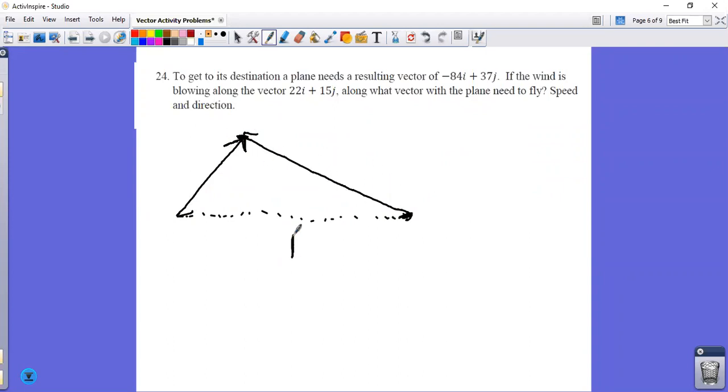Remember, the plane plus the wind will equal that resulting vector. The plane vector plus the wind will equal the resulting vector.